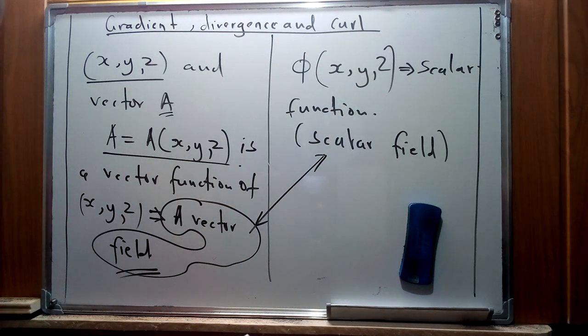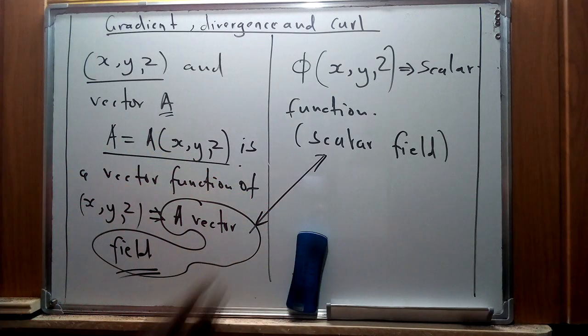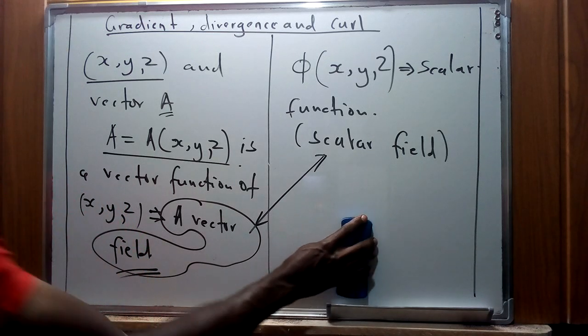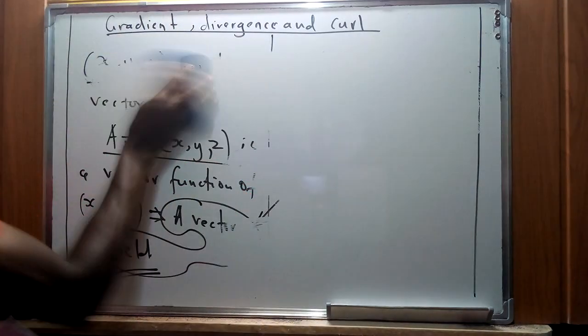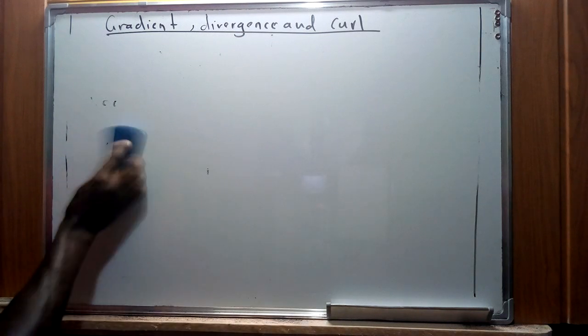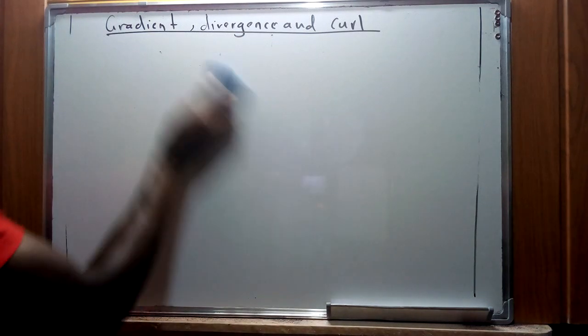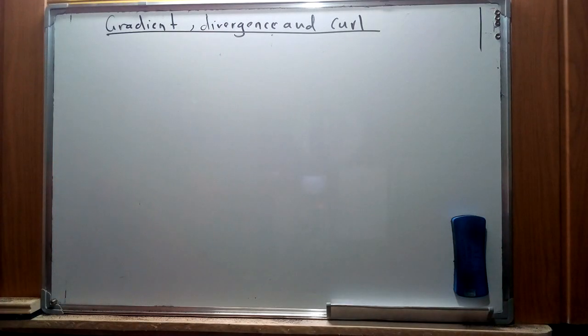Now, sometimes in representing some of the important identities which we are going to apply later, it is convenient to use a vector differential operator that we're going to represent shortly. This vector differential operator is referred to as del, and we're going to encounter it in some of the areas where we need to do differentiation.